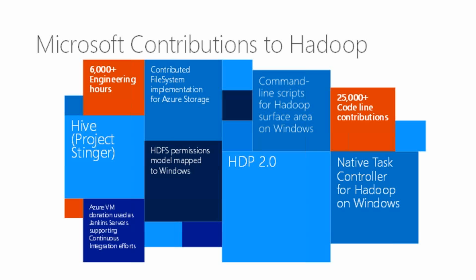In fact, Microsoft chose to partner with Hortonworks Data Platform, and Hortonworks ported the entire Apache Hadoop to the Windows platform. It is about 6,000 plus engineer hours and approximately 25,000 lines of code that have been contributed to this Apache project.